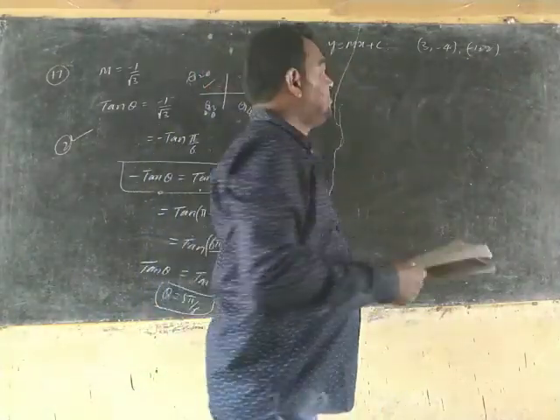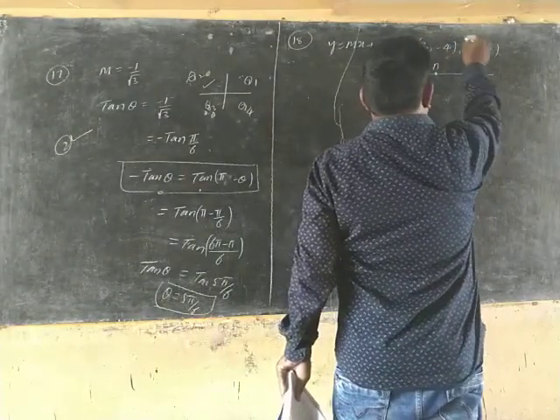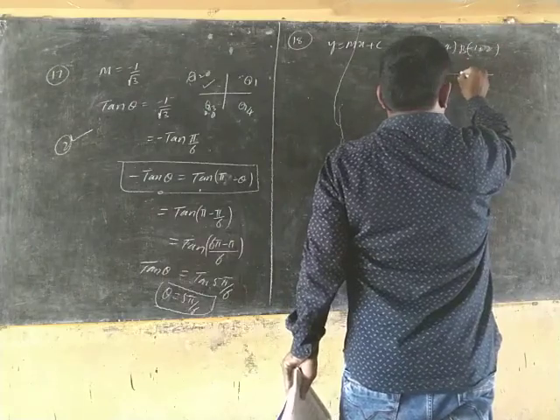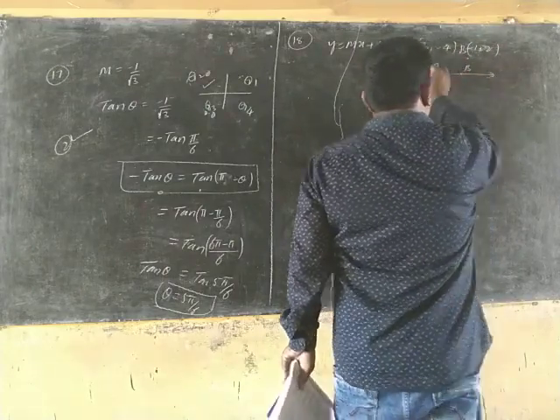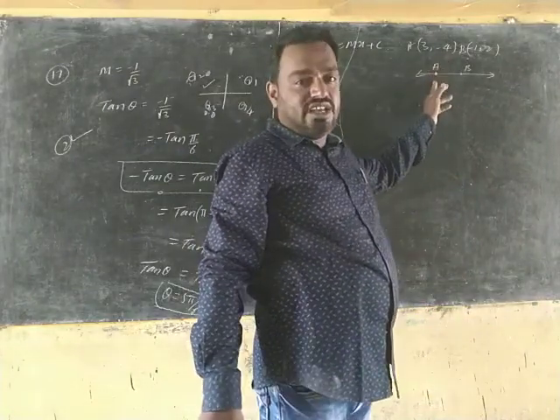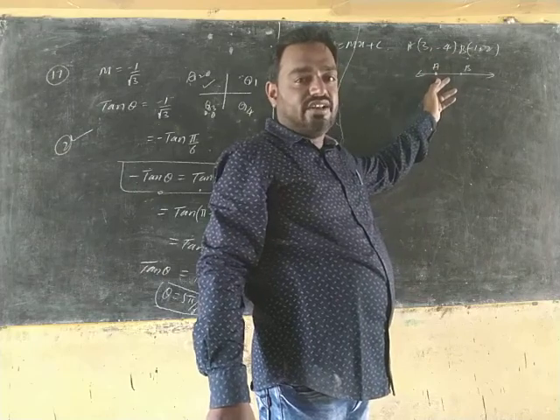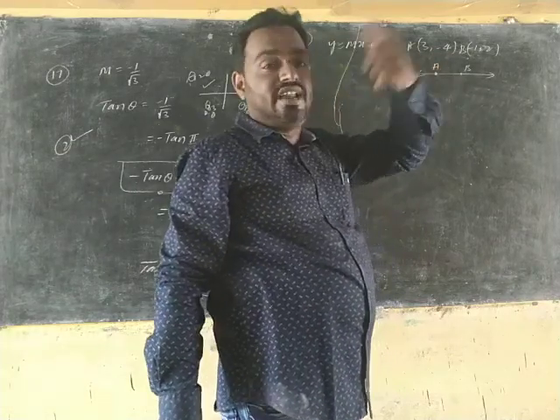That means these 2 points lie on the straight line, no? A comma B, these 2 points lie on the straight line. That means this point satisfies the line equation. If a point lies on the equation, that point compulsorily satisfies the line equation.